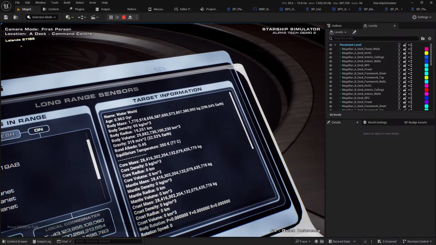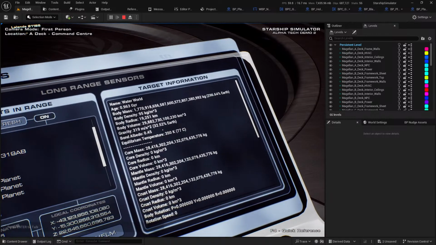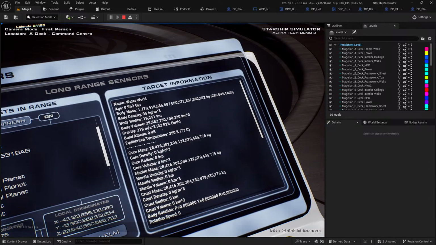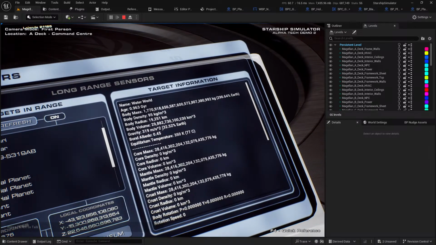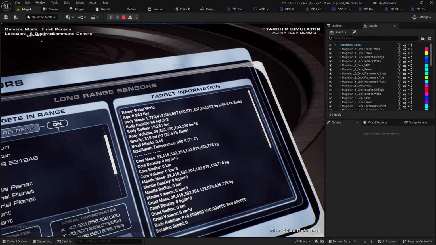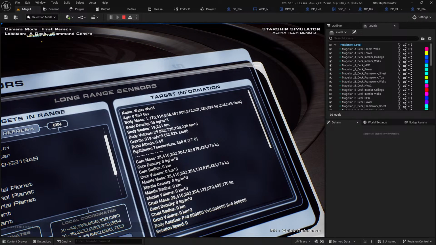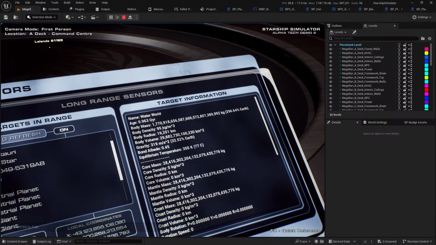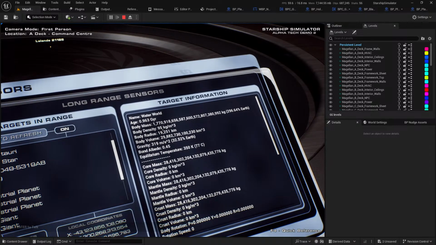Okay, that's looking more like it. The density is way too low.